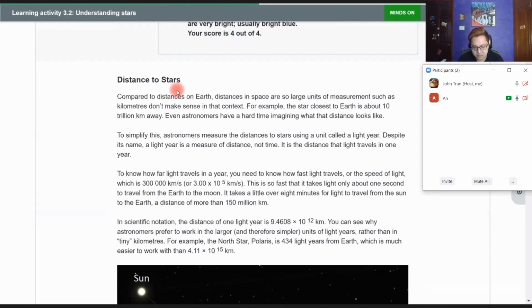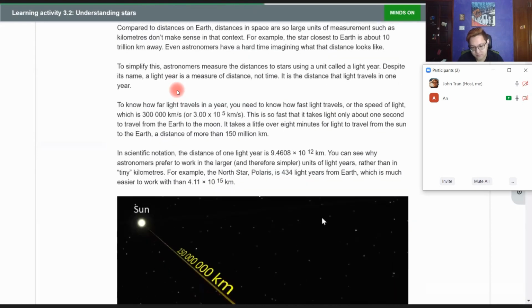In scientific notation, the distance of one light year is 9.4608 times 10 to the power of 12 kilometers.